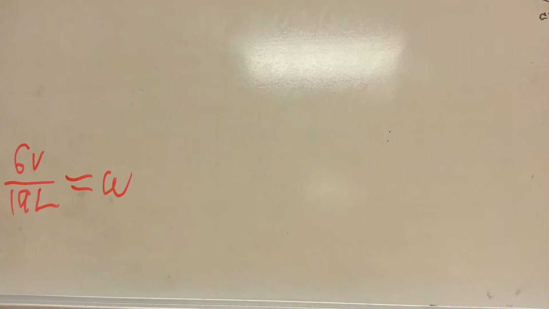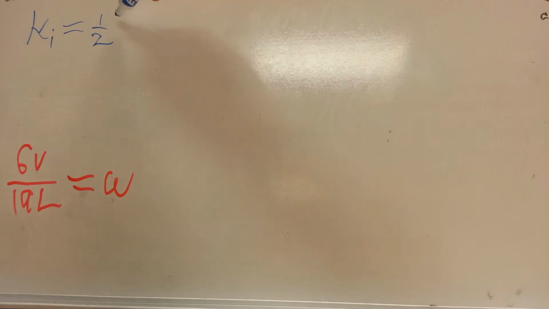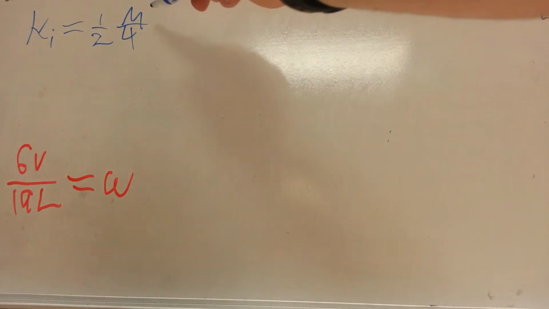Okay, and part B asks for kinetic energy. So, kinetic energy of the bullet. This should be pretty simple for you. Calculated many kinetic energies by now. M over 4, because that's the mass of the bullet. This is the initial energy of the system when the rod is not spinning.